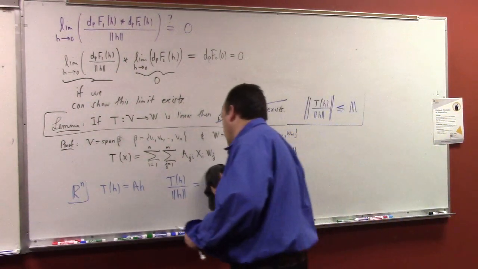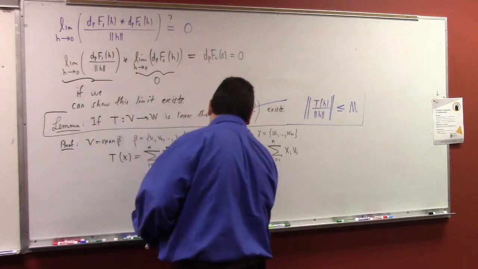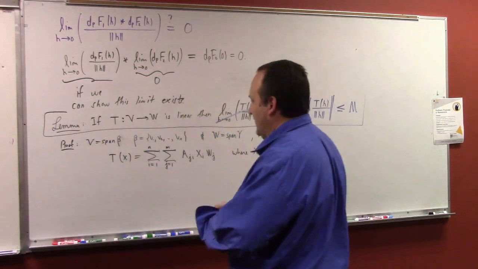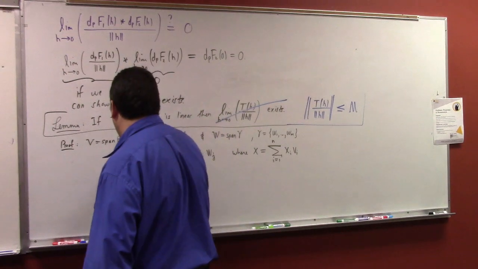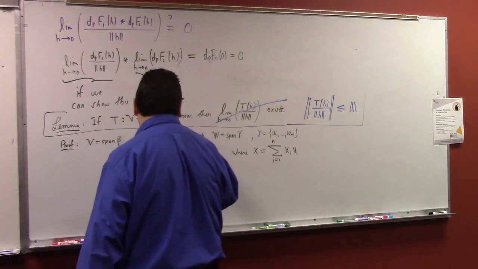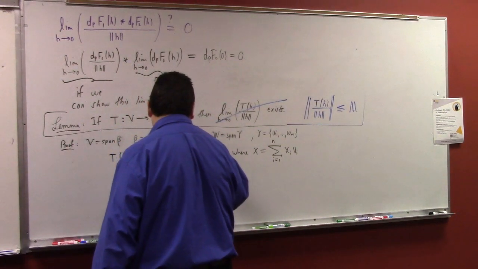So if we take, and I guess we're looking at T of H, let me change the letter on us here. That's H, there we go.